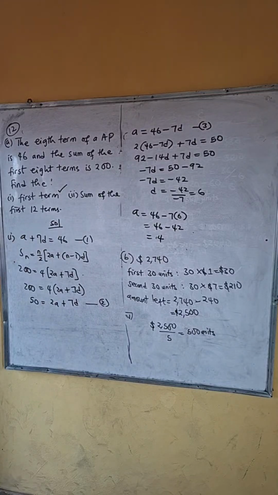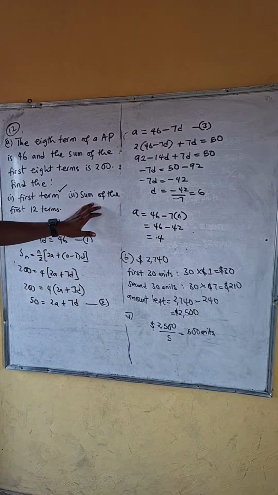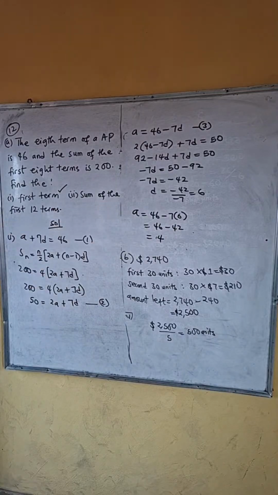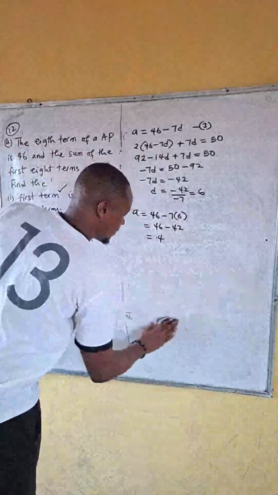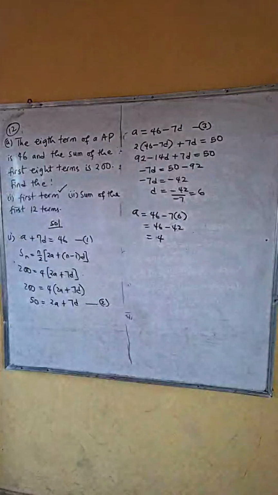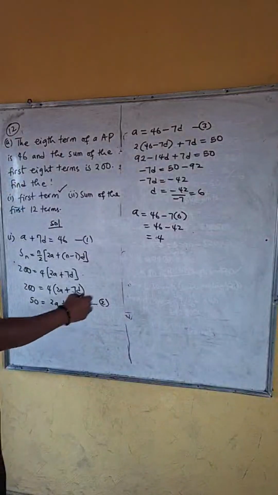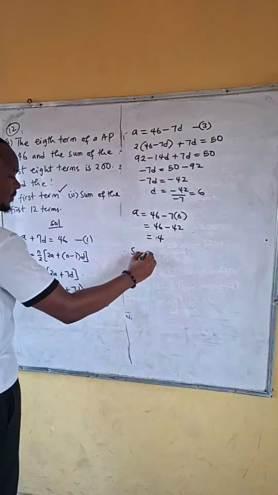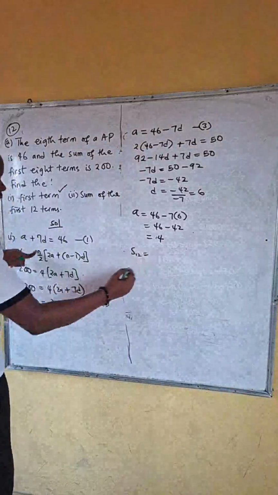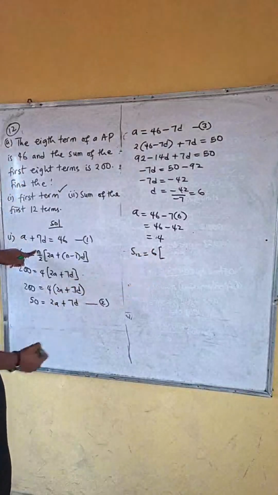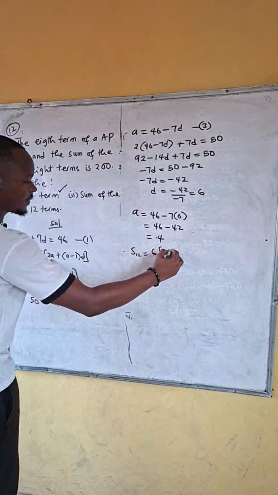That's the first question actually. We're now looking for the sum of the first 12 terms. So that's S12. What's our N? 12. So 12 over 2 will be 6. A is what? 4.